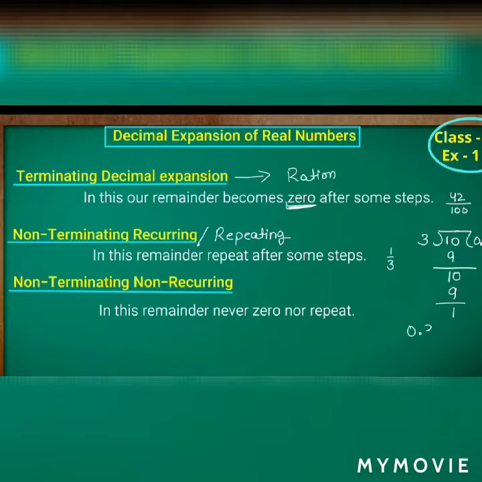So we got the value 0.333. It can be written as 0.3 bar. Since 3 is repeating so many times, I can write a bar for the value 3. I have already explained this in the introduction class. So here we get repeating values.